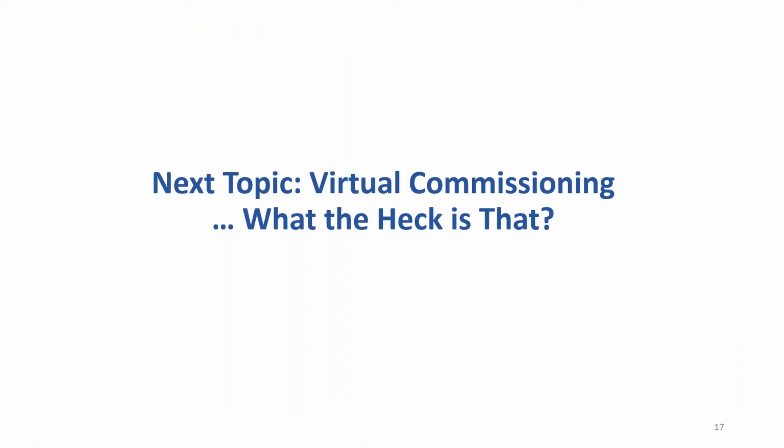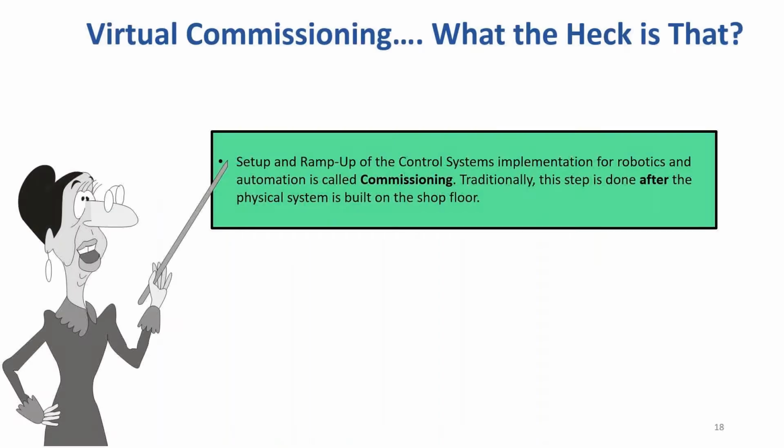Just in case you haven't heard the term virtual commissioning before, our next topic will let you know what in the world virtual commissioning is. So, setup and ramp up of the control system implementation for robotics and automation is called commissioning. Traditionally, this step is built on the shop floor.